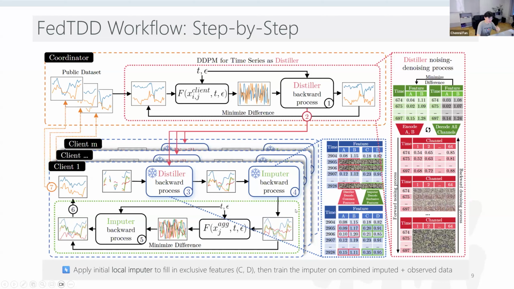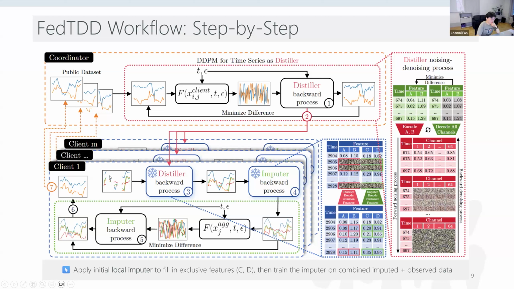And the fourth step, in this step, each client uses the complete common features A and B as an auxiliary input to impute the missing exclusive features. So why do we call it an auxiliary input? Because those are the synthetic data.